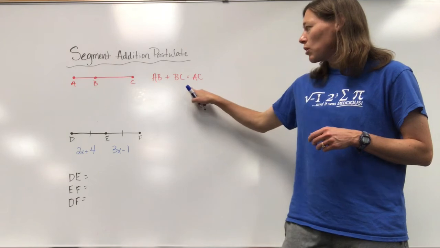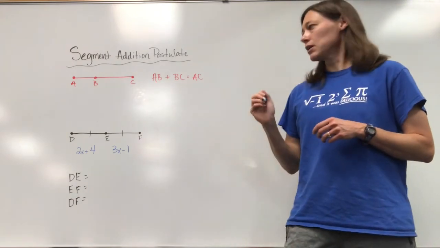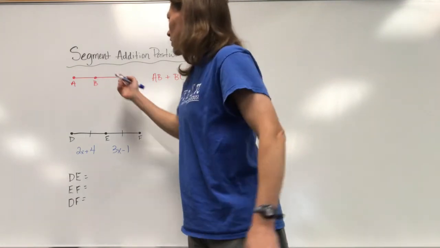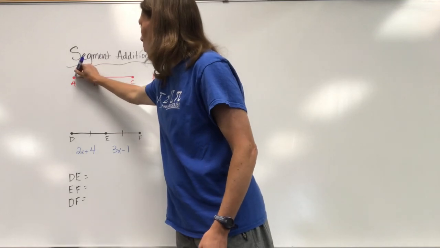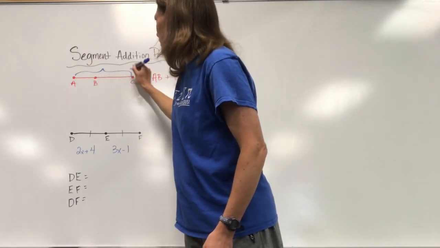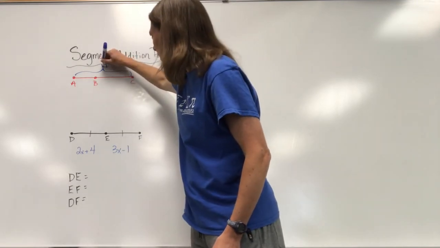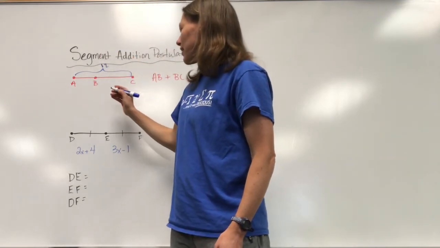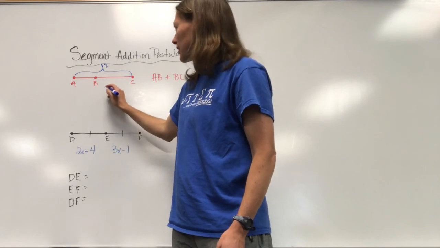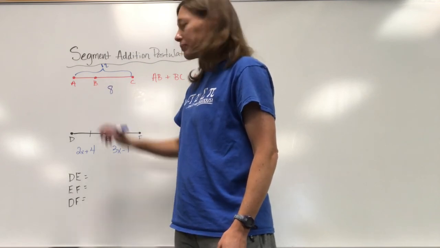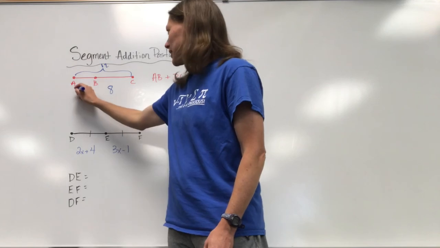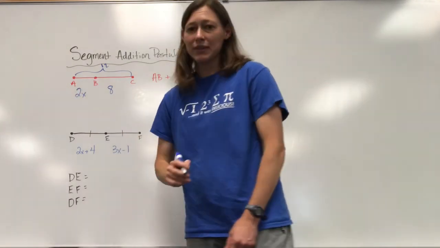Okay, so let's say that we know that this whole segment's length is 12. And then I am going to say that this piece is 8 and this piece is 2x.